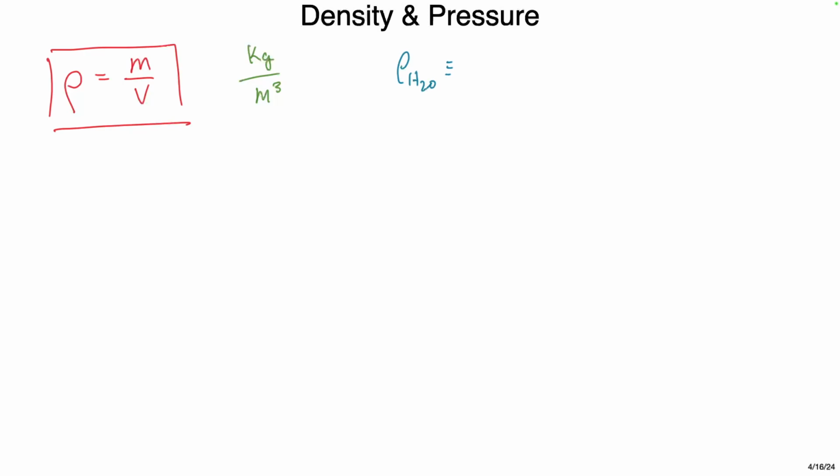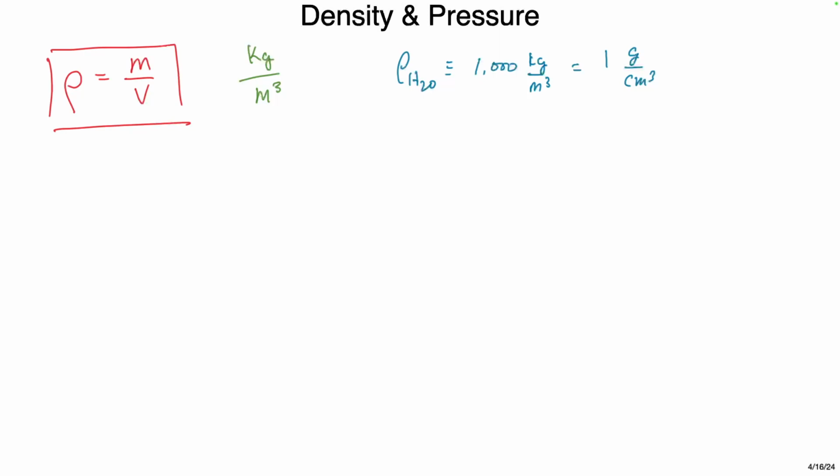I should use a triple equal sign here because that means defined as. It means we're just picking this. Everything else gets scaled to this. In physics, it's 1,000 kilograms per cubic meter. They probably taught you in chemistry that it's 1 gram per cubic centimeter or 1 gram per milliliter. Those are exactly the same number. It's the same density described in different systems of units.